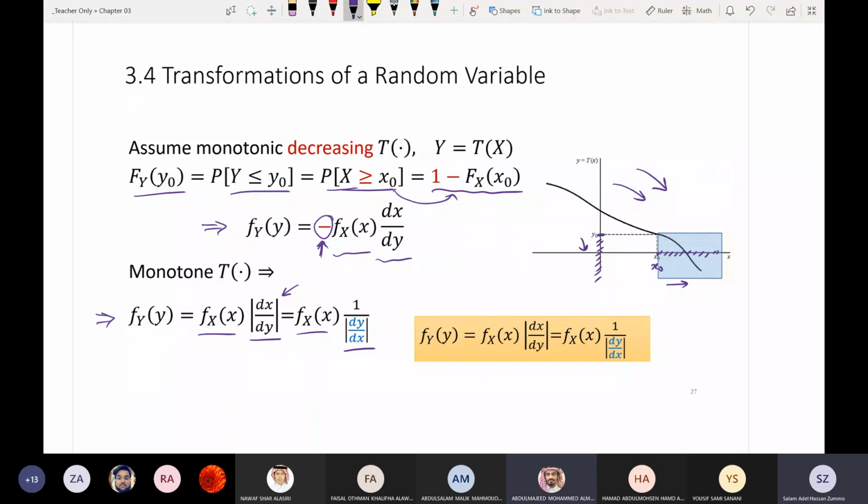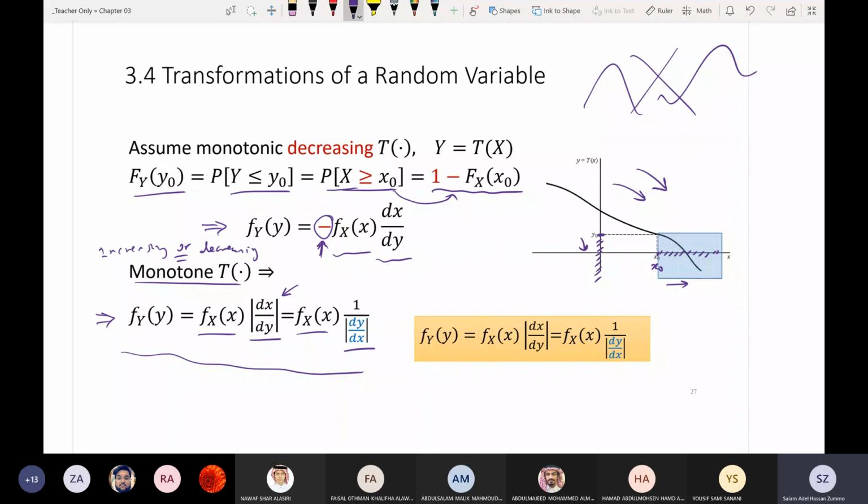How could we know if it is decreasing or increasing then? Yes, this is the general case. So this is for monotone, whether decreasing or increasing, it doesn't matter. But it must be one of them; it can't be multi-valued, it can't go up and down. This is not monotone.